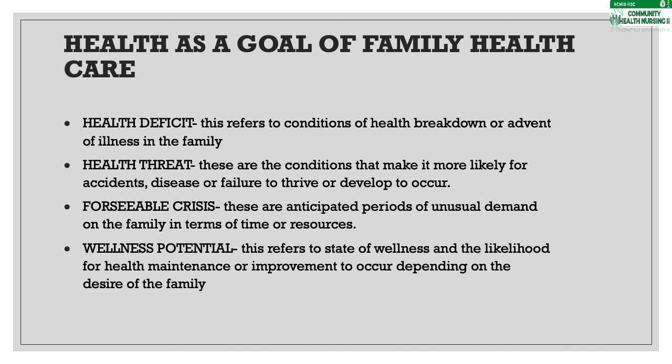For the foreseeable crisis, these are anticipated periods of unusual demand on the family in terms of time and resources. An example of a foreseeable crisis is the current pandemic. Many were laid off or lost their jobs, and that is considered a foreseeable crisis. What else? Let's say those who work abroad. Parents who work abroad are not abroad all the time.